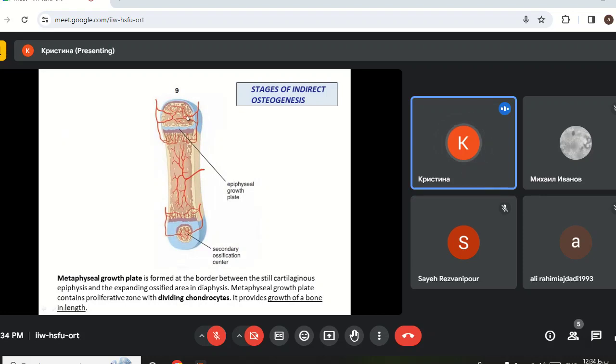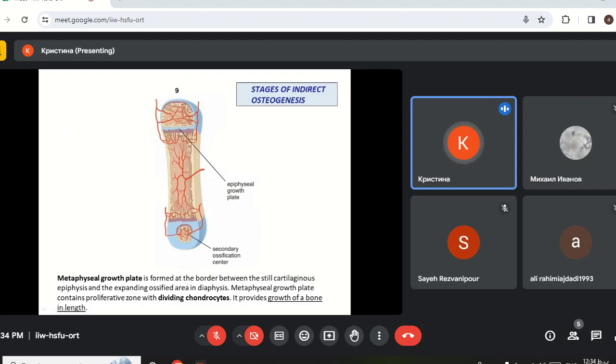And the process of ossification, the replacement of the cartilage with bone tissue, continues both in the direction from the diaphysis to the epiphysis and inside the epiphysis also. And only between the epiphysis and diaphysis some region of cartilage still remains.